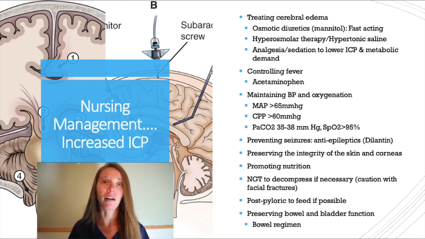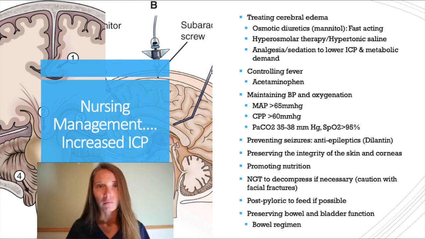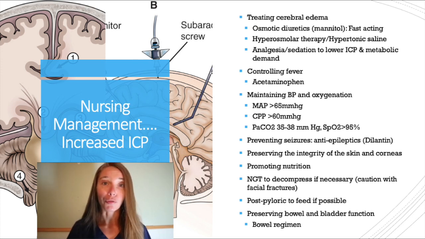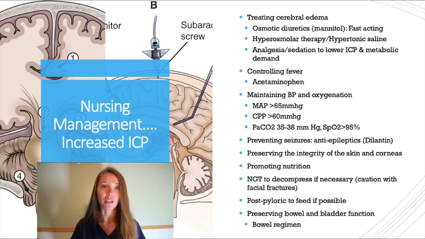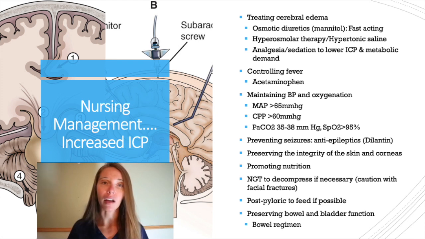Sometimes, depending on how unstable your patient is, as far as their blood pressure and intracranial pressure go, you may not be able to move them at all. We also want to promote optimal nutrition. And again, we can do this through an NG tube if not contraindicated, or an OG tube.